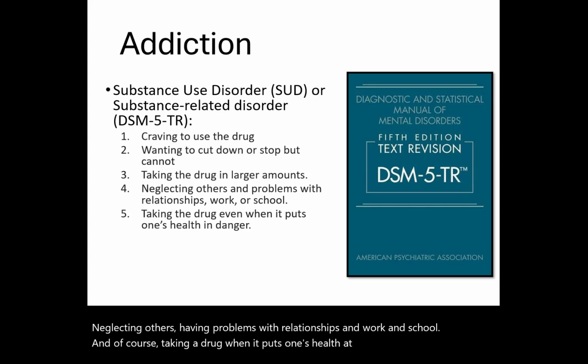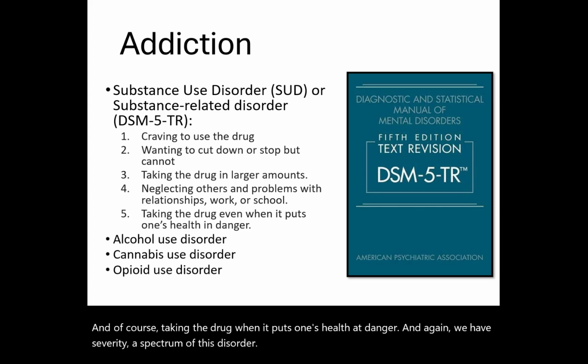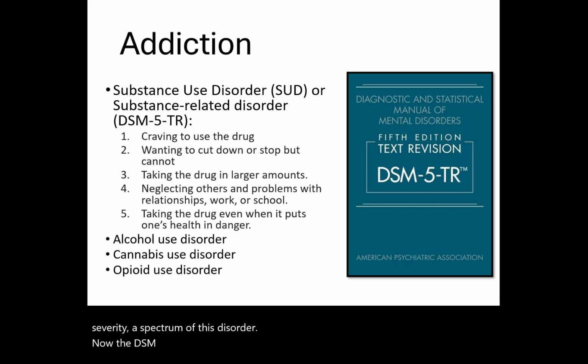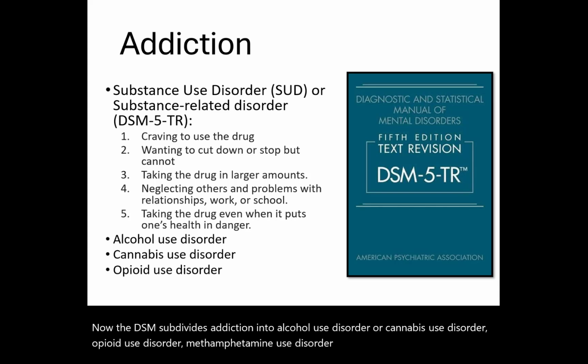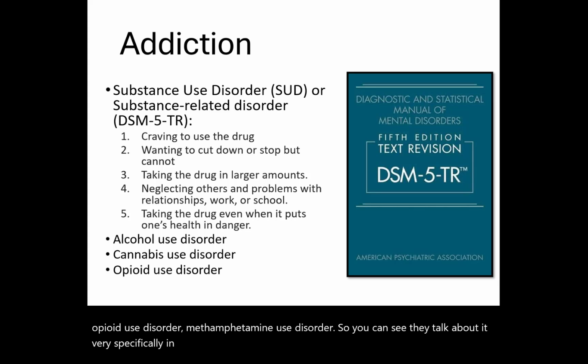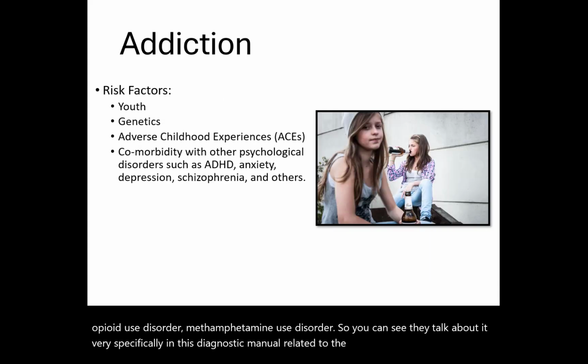And again, we have severity, a spectrum of this disorder. Now, the DSM subdivides addiction into alcohol use disorder, cannabis use disorder, opioid use disorder, methamphetamine use disorder. So you can see they talk about it very specifically in this diagnostic manual related to the chemical itself.